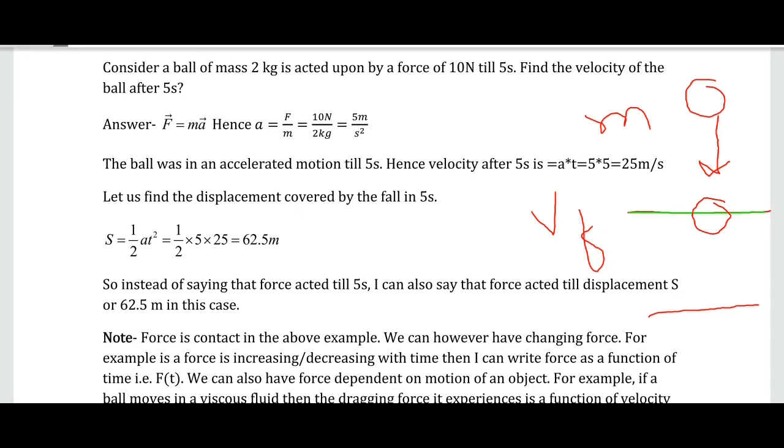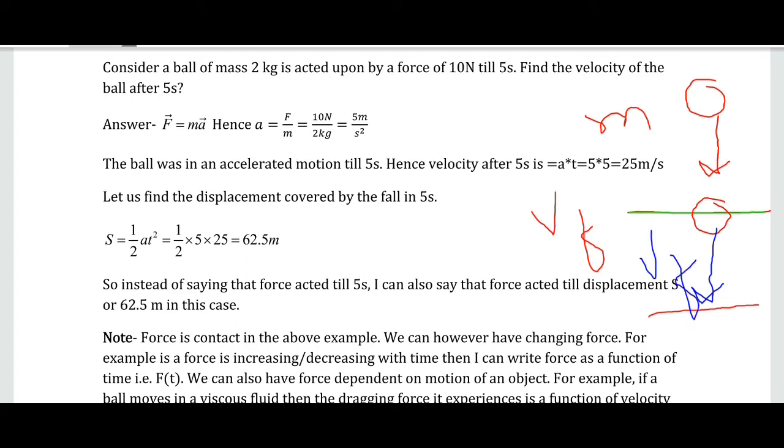Now after the green position, I am switching off the gravity. So the moment I switch off the gravity, there is no acceleration. From the green part till the surface of the earth, the ball will fall with velocity vf.